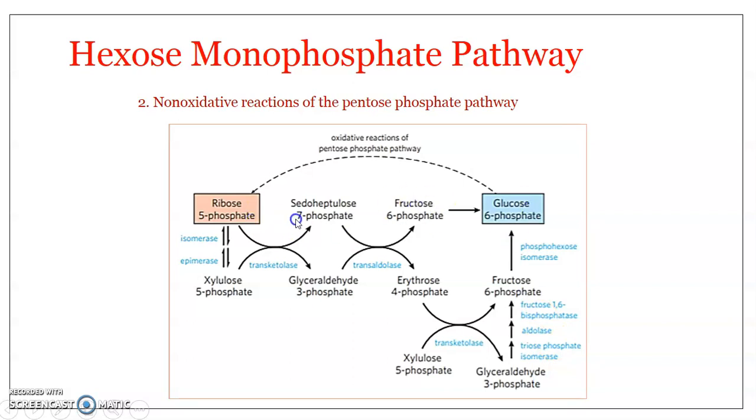These intermediate products can enter the glycolytic pathway, or they can be channeled back to the pentose phosphate pathway. Either way, it can enter the cycles.